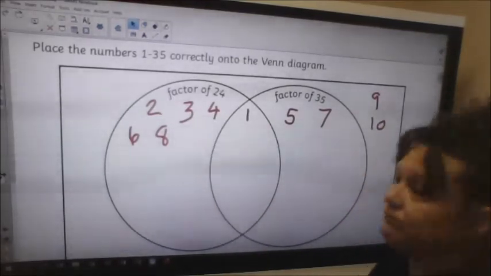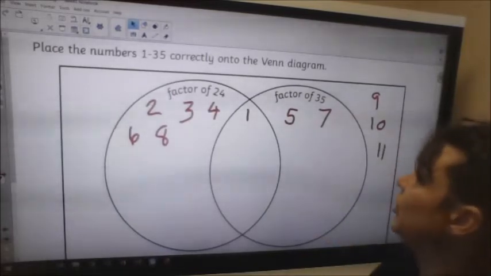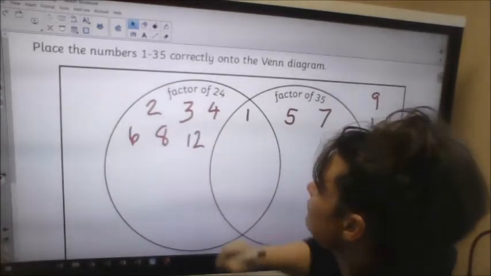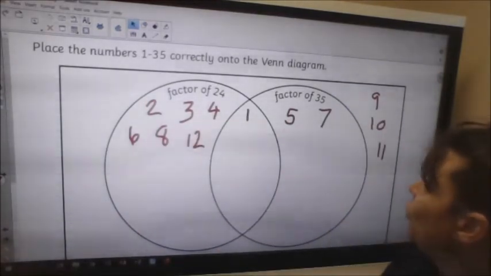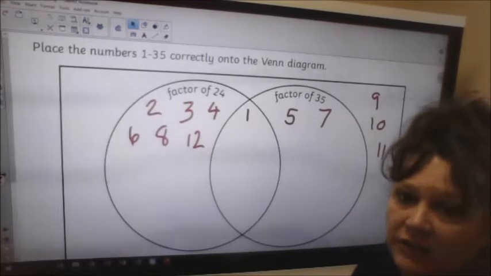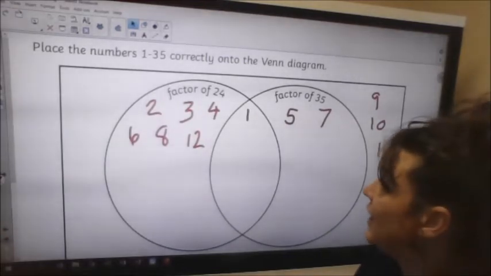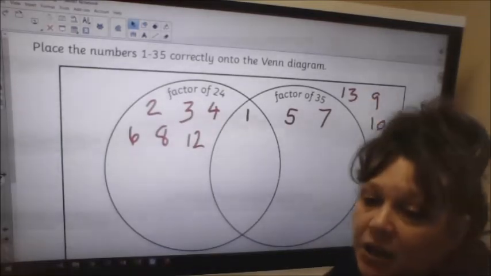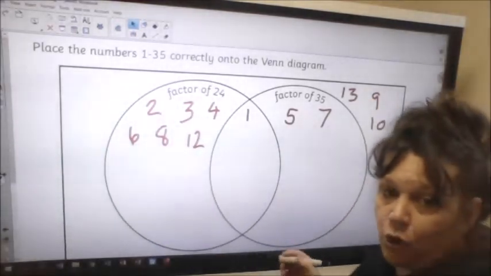11 needs to go on the outside too. 12, well, 12 goes into 24. 13, well, 2 13s are 26. So won't go into any of them. So 13, and we already know because it only has 2 factors, 1 and itself.